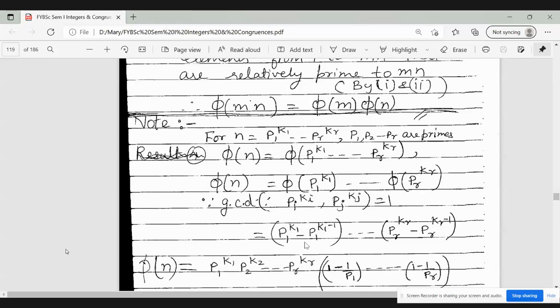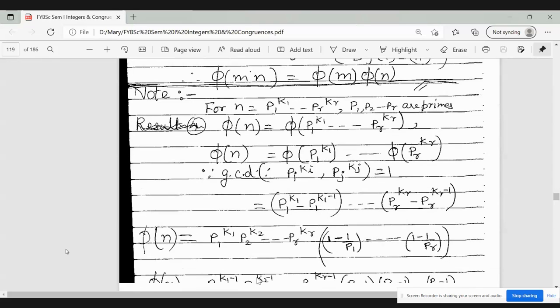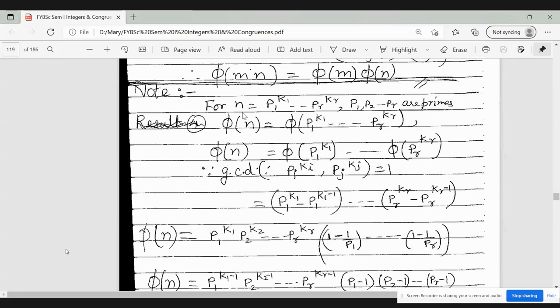Now let us look at this. This can also be written in this form. For example, 100 you are writing as 2 square into 5 square. So what will be phi of 100? It will be phi of 2 square into phi of 5 square. What is phi of 2 square?